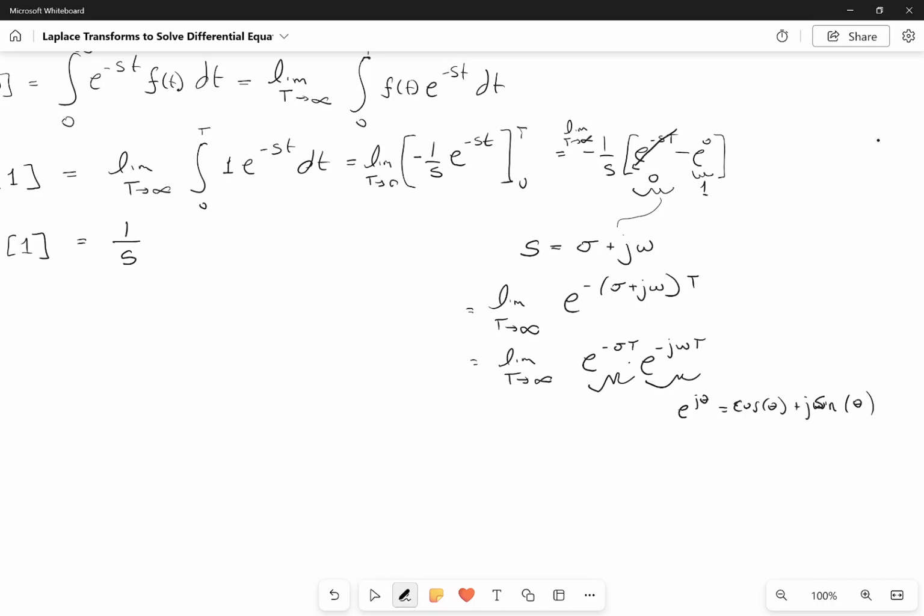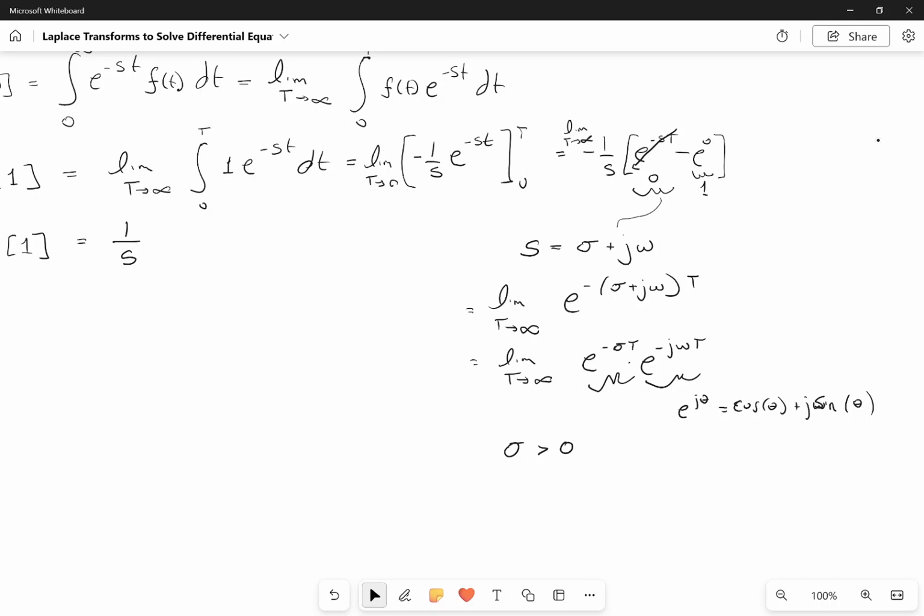As long as sigma is greater than 0, then we're taking the limit of e to the negative sigma t as t goes off to infinity, so this term will approach 0 as long as sigma is greater than 0.